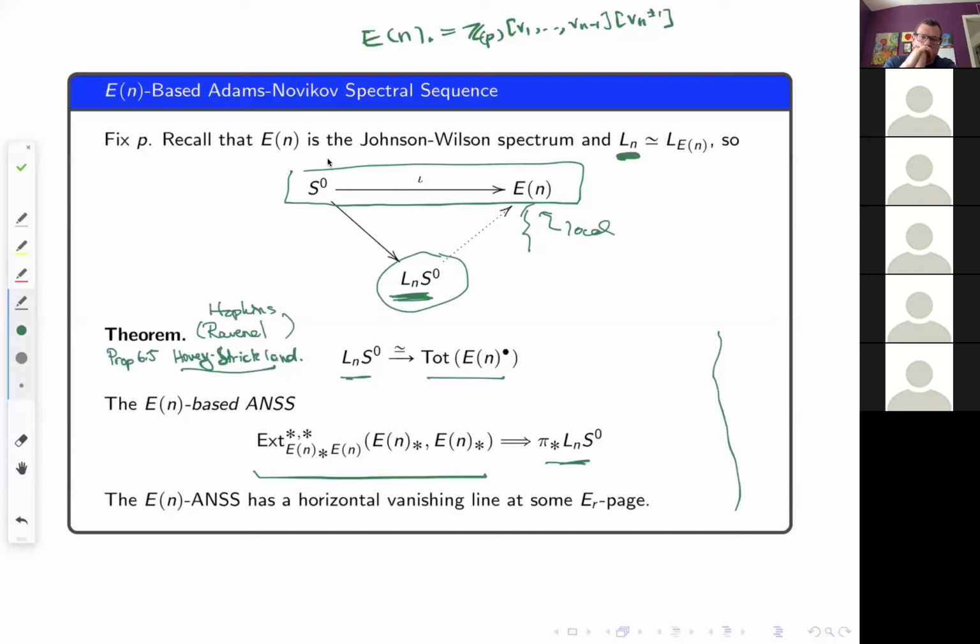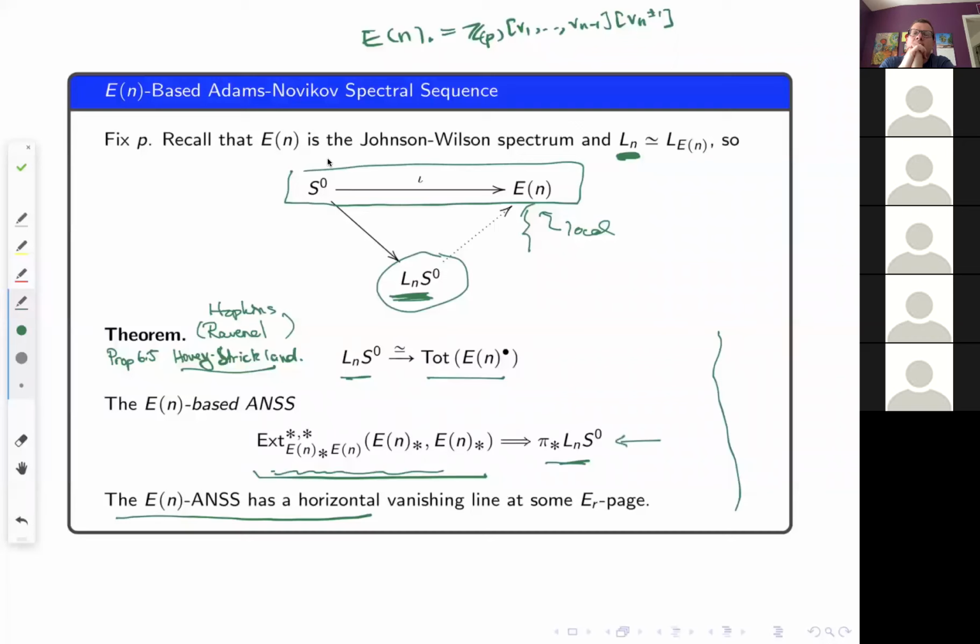And part of this story, and the proof of these facts, is that this E_n-based Adams-Novikov spectral sequence has a horizontal vanishing line at some E_r page. So what this means is that this machine here, it stops. So you start computing the stuff, and in some finite amount of time, in theory, you should be able to start here and end with the homotopy groups of this thing.